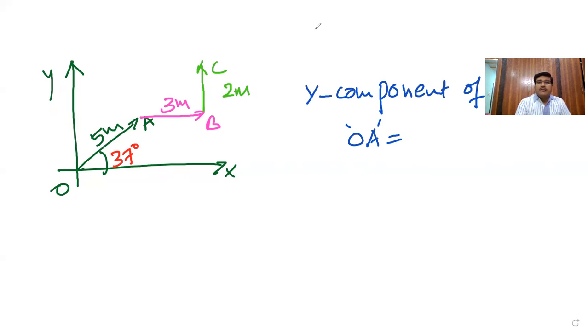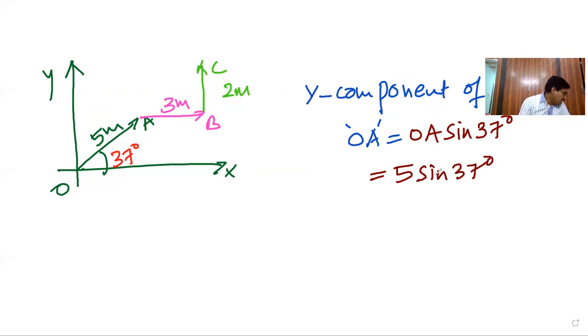So this becomes OA sin 37 degrees. OA is 5 meters, sin 37. On simplification, it becomes 3 meters. Clear?